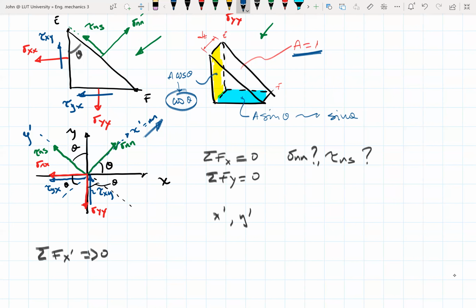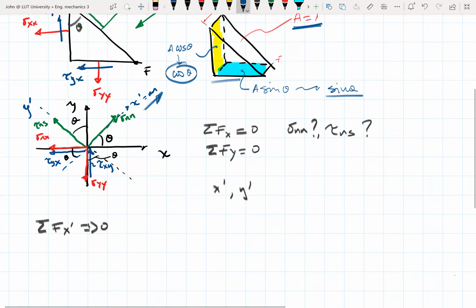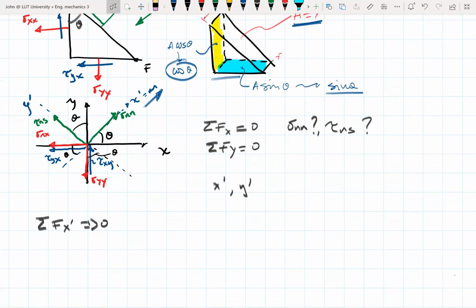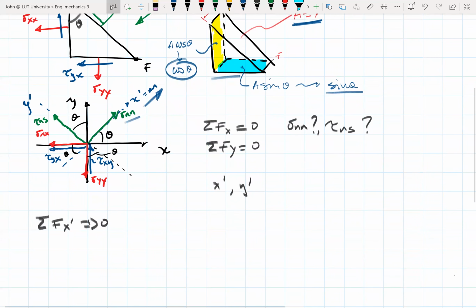So the area of the vertical face is cosine of theta. The area of the horizontal face is sine of theta. The force caused by the normal stress on the inclined plane is the normal stress sigma n times the area, but as the area is 1, I'm going to have just sigma n. That's what I wanted to explain.